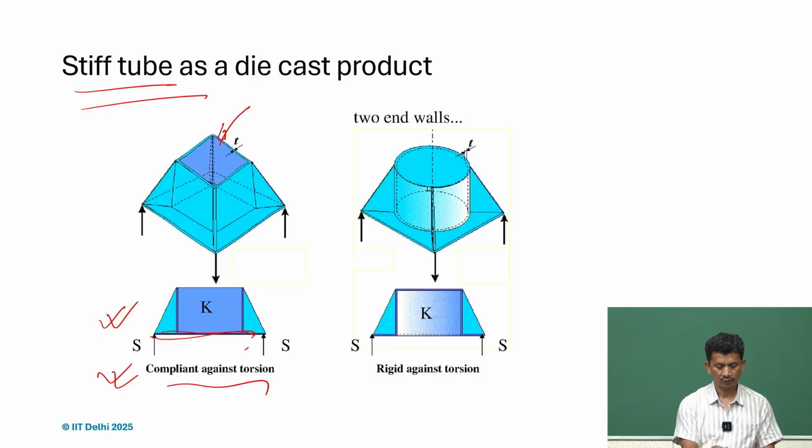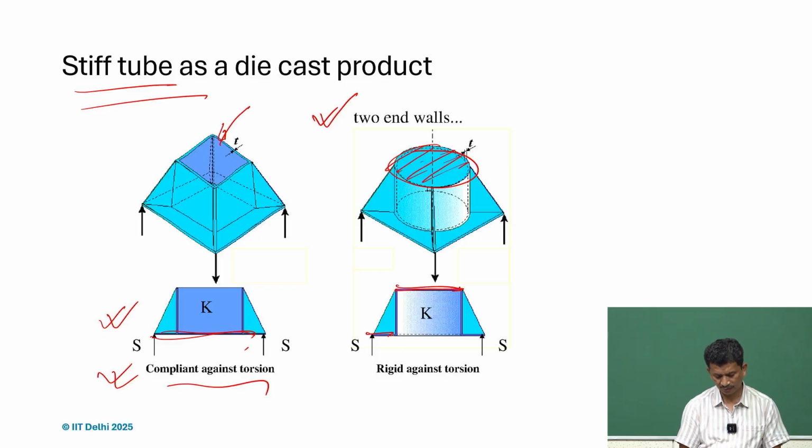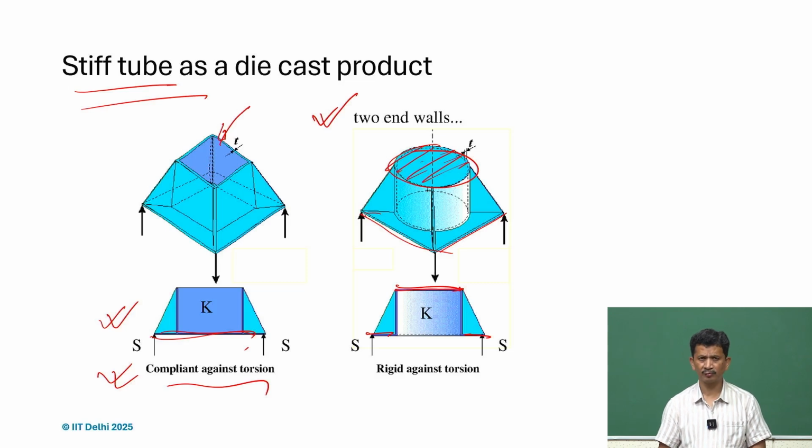Two end walls. The top one is closed, you can make it circular, and the bottom is also closed from outside. So again, these are some of the design rules, or design cheats, to stiffen the structure.